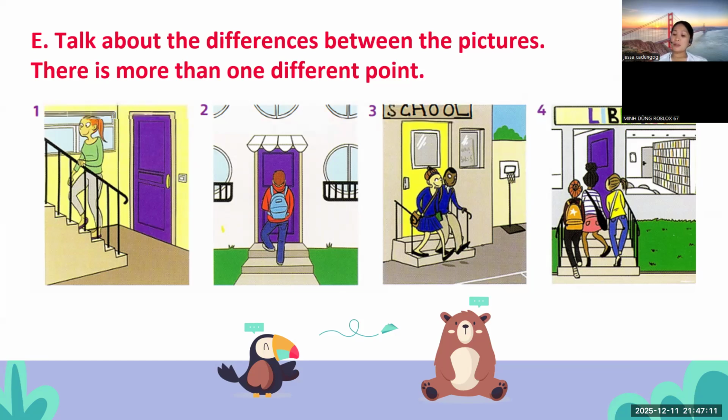Why is picture 3 different? Picture 3 is different because it's yellow. Very good. That's why it's different, right? Okay, next.